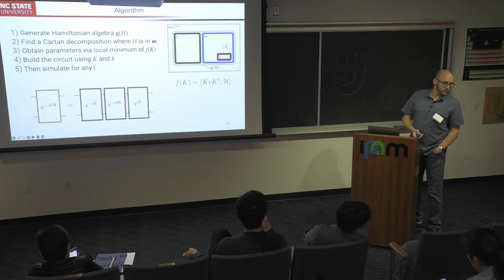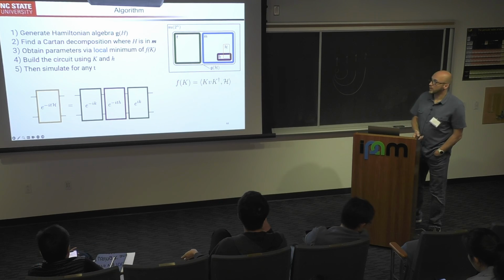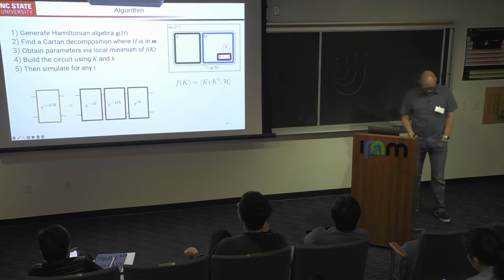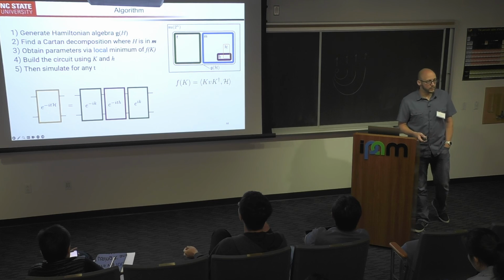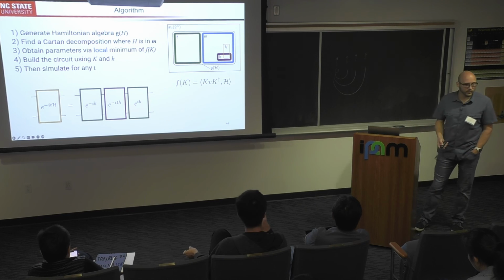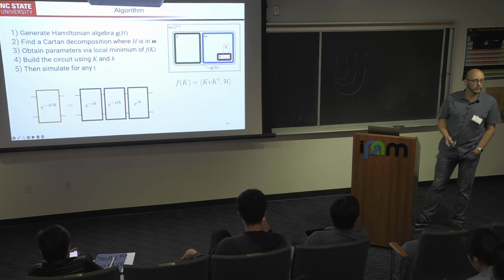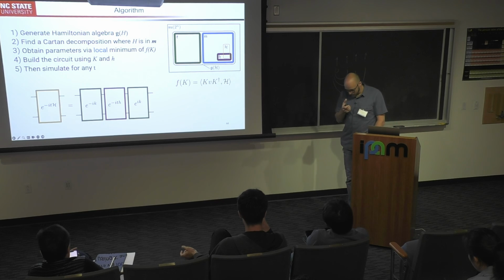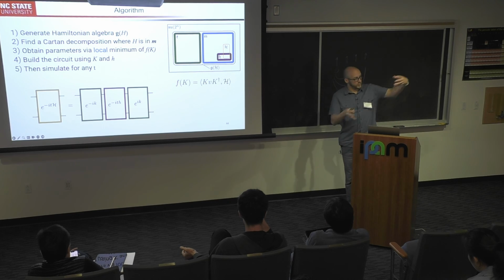Can you give us a sense for how expensive it would be to do this for the Heisenberg model? Is it exponential in the number of sites? Yes, it has to be. So is your idea to do this for smaller systems, and then that could help improve Trotter steps? You could, for example, do this in the sense that Christian talked about, where you build this for some small light cone.